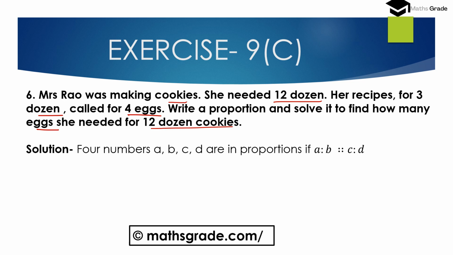If 4 numbers A, B, C, D are in proportion, then we can write A is to B is proportional to C is to D. Let the number of eggs be x.